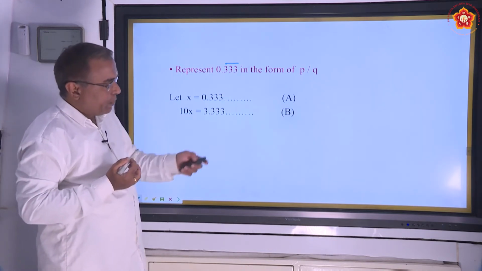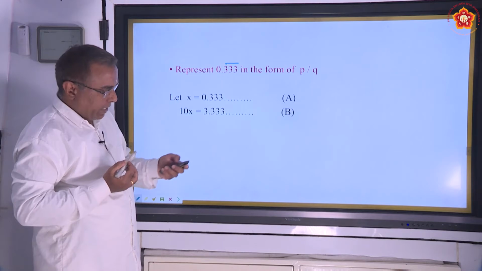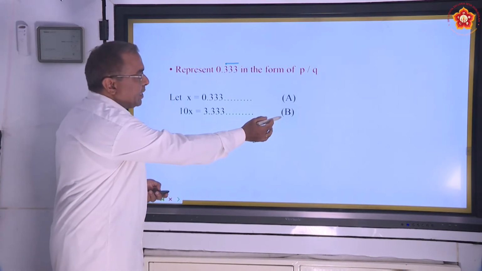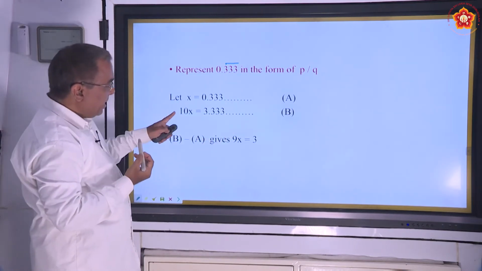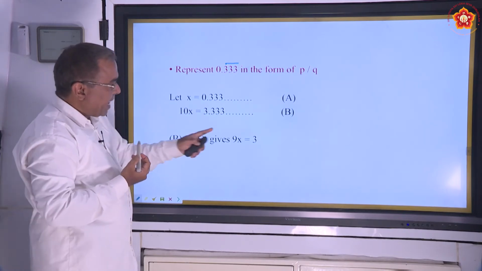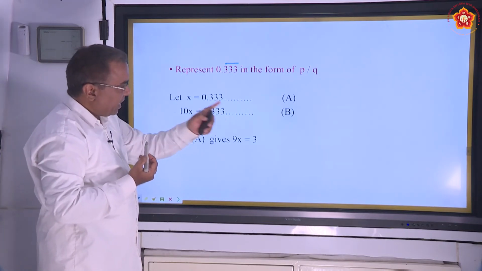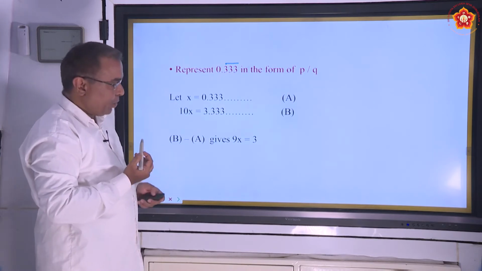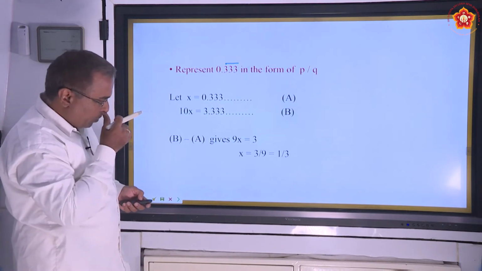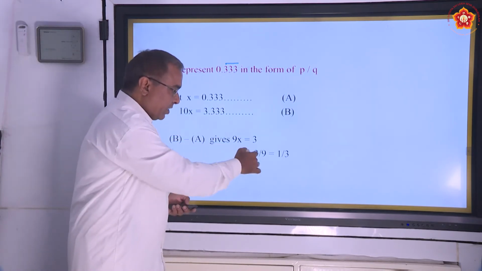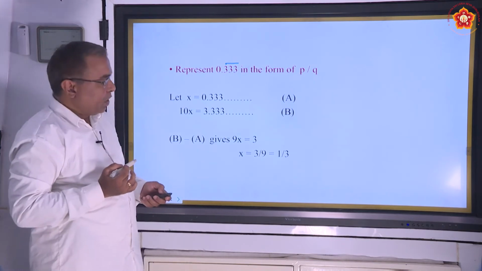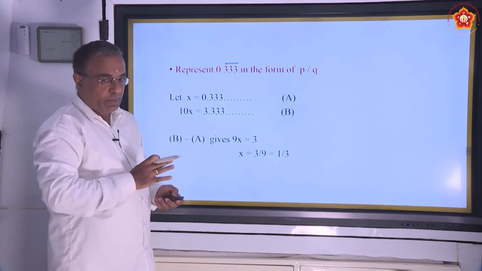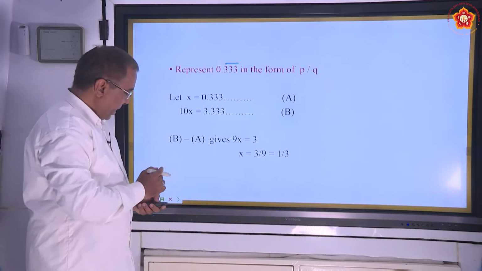We will call these equations a and b. Then we will subtract, b minus a: 10x minus x gives 9x, and 3.333 minus 0.333 gives us 3, which means x is going to be 3 by 9, or simplifying further, 1 by 3. I think you are all following the steps, students.